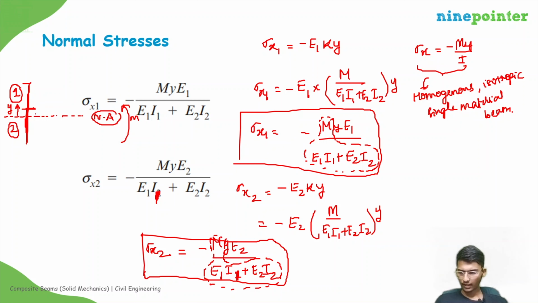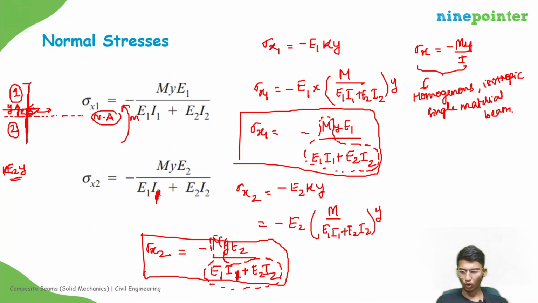So the diagram will be, so this is material 2. If you see the diagram here, the variation will be given by kappa into E2 y, and it is in compression over here.